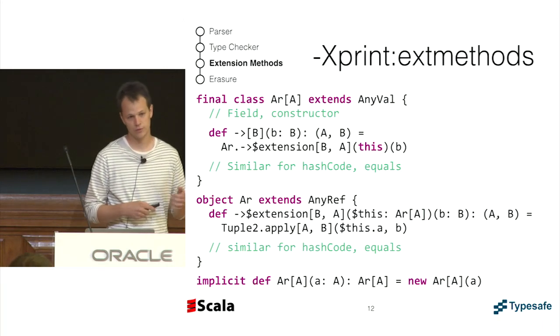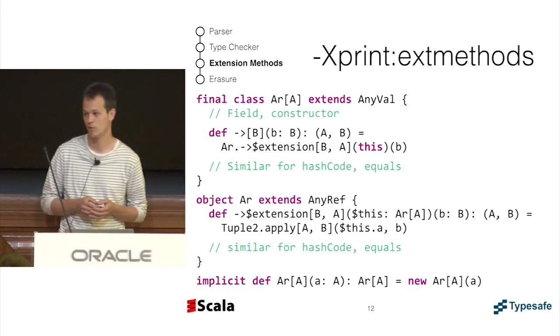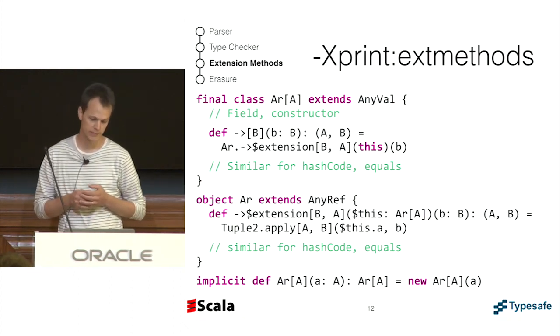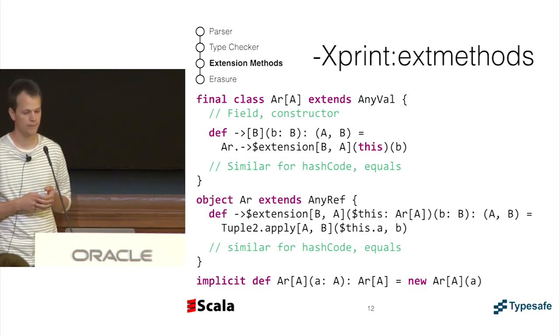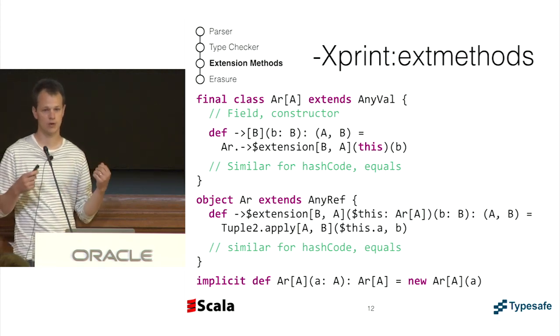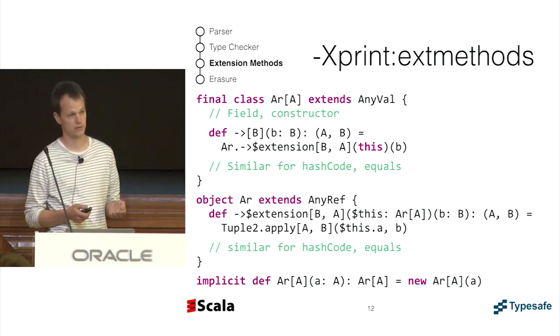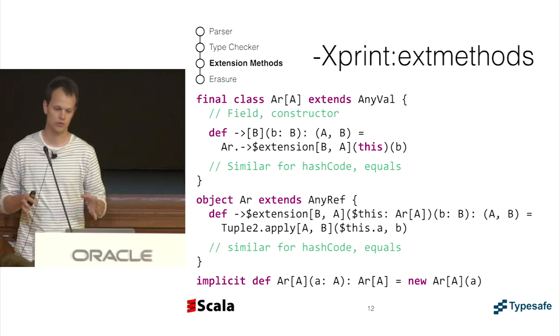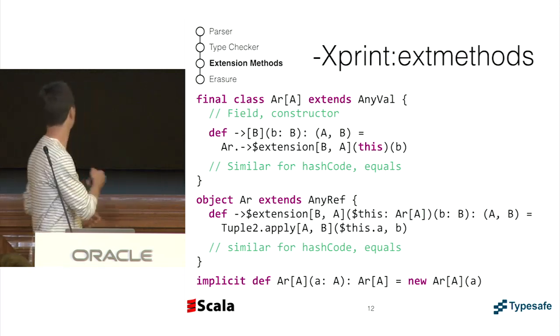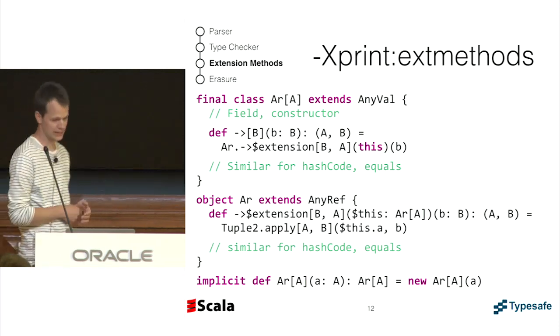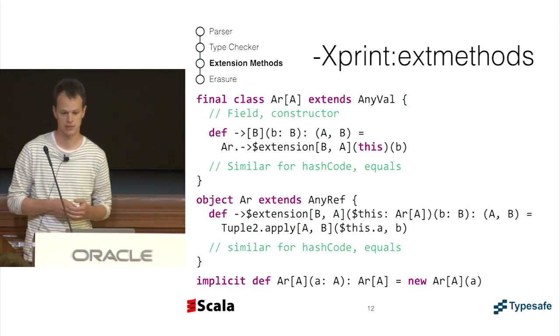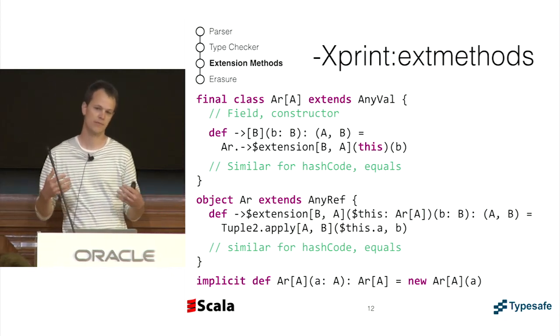There's one new compiler phase that was added for value classes. It's called extension methods. What it does is that it moves all implementations of methods in a value class to a companion object. The companion object, you see it in the lower part of the slide, has the same name as the class, and it will hold the same methods, basically.